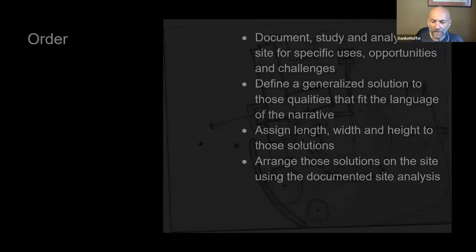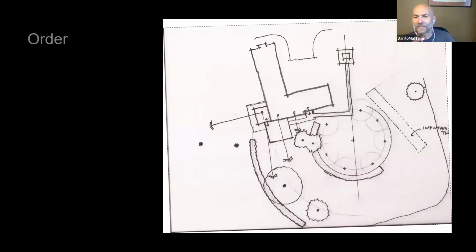So creating some organization to the space, some organizational logic. How will we arrange it? Will we arrange it around view lines coming from the property? Will we arrange it through axes that are along walkways that we are creating, or maybe ones that are already there? How will we organize the space?